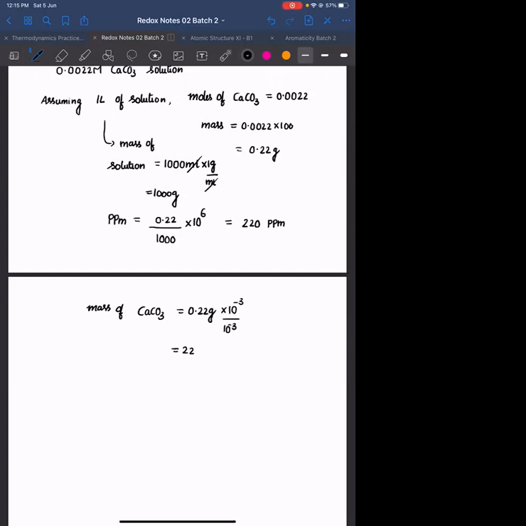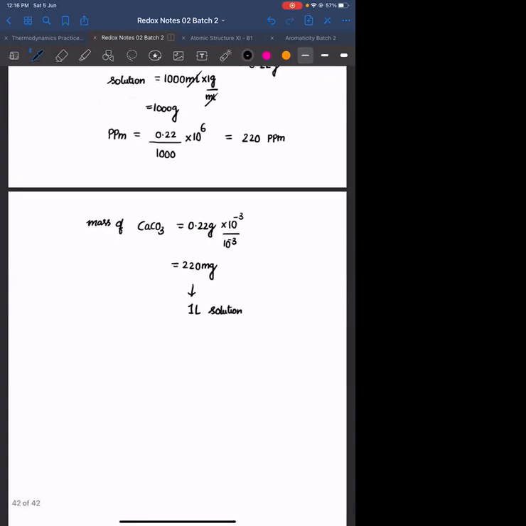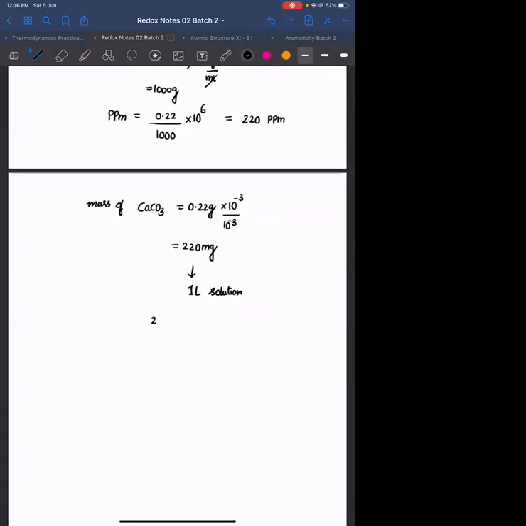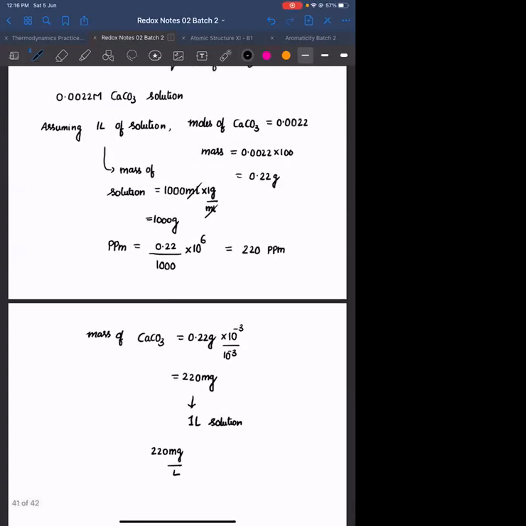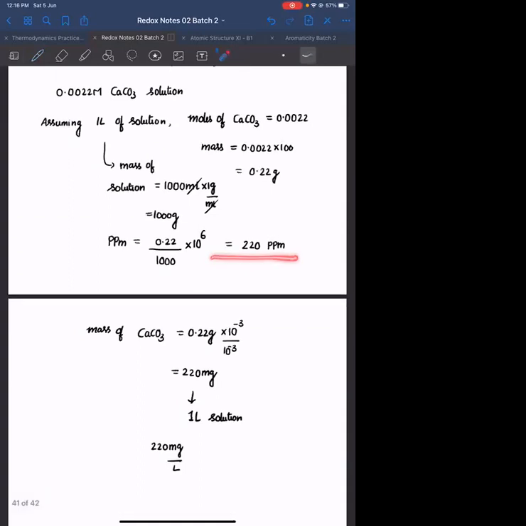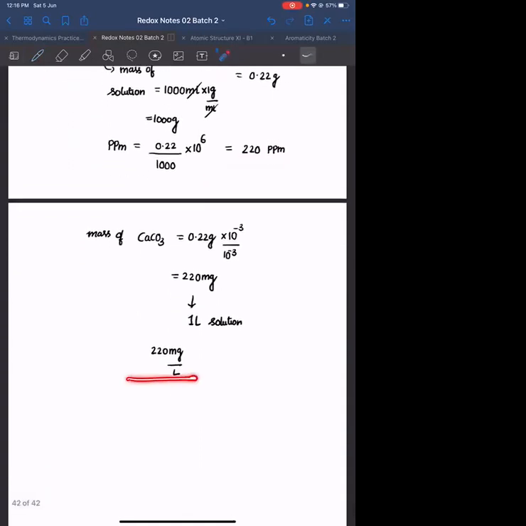So the 10 raised to minus 3 in the denominator goes up and becomes 10 power 3. So this will be 220 milligrams. These 220 milligrams are present in 1 liter solution. So what is the concentration in milligrams per liter? It is 220 milligram per liter. So if you observe, the concentration in terms of ppm and the concentration in terms of milligram per liter are the same.